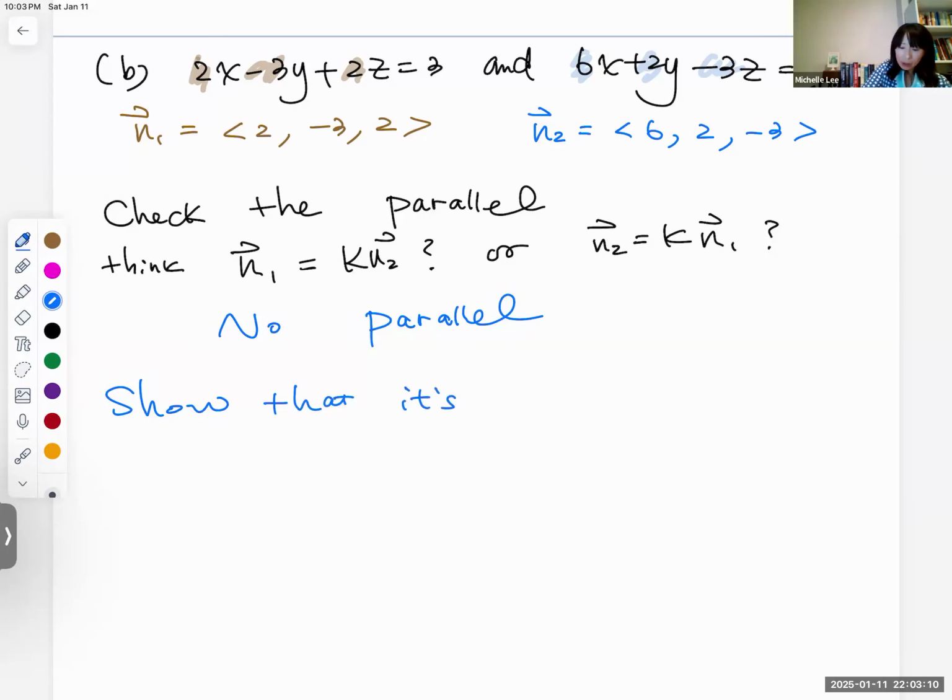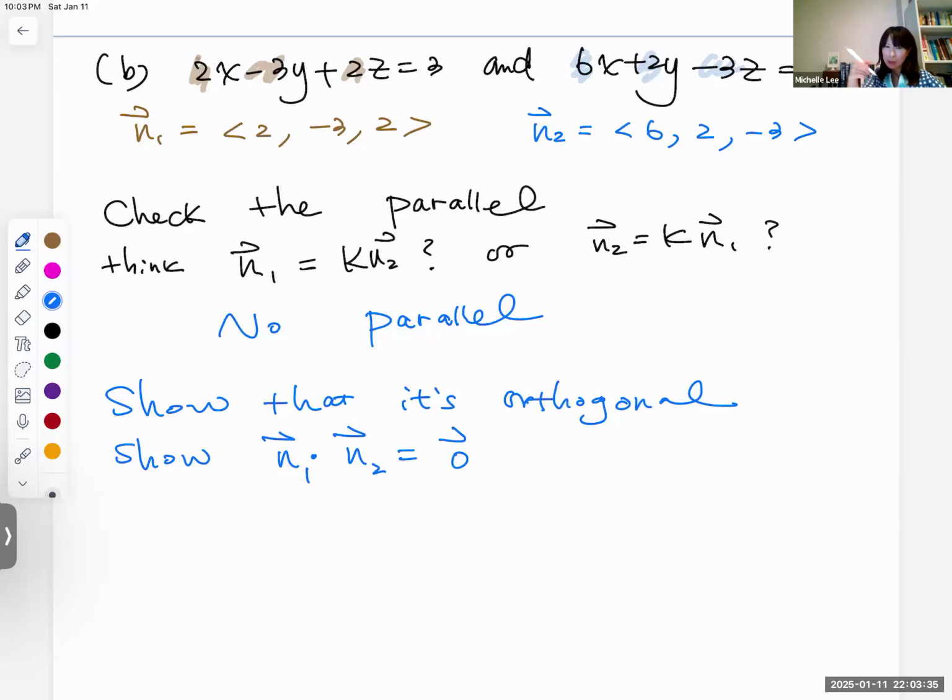We can show that the dot product of the two vectors equals 0. Okay, let's show that. Otherwise, we have to find the angle by using the cosine theta formula from earlier.